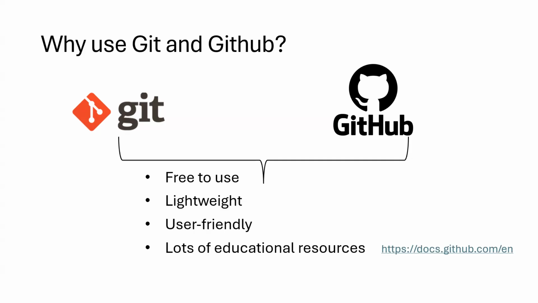And there's a lot of educational resources. This link is in the description to the GitHub documentation. There's all kinds of instructions on how to get started and what all the words mean. It's just a big learning community similar to the R learning community. And lastly, it's just really widely used across many sectors and countries. If a group is using a version control system, it's most likely to be Git and GitHub.